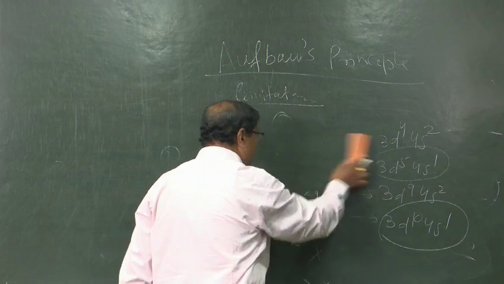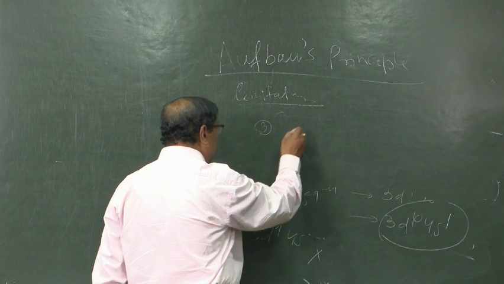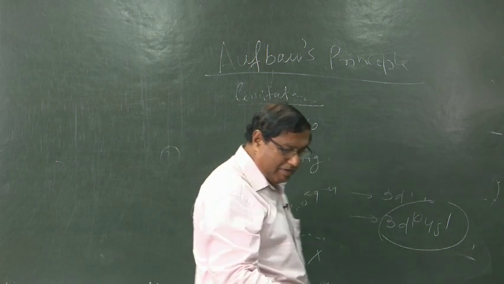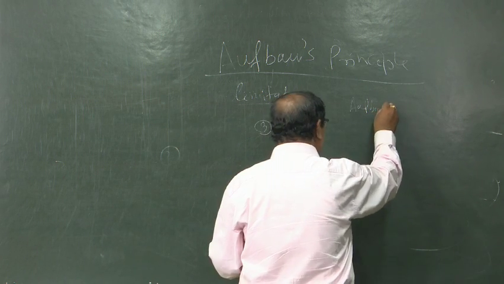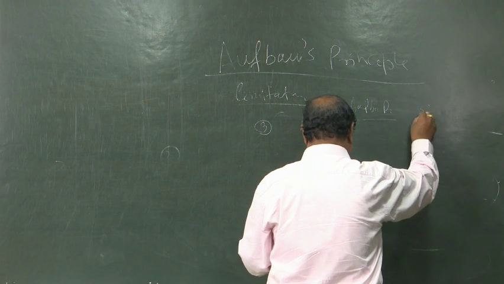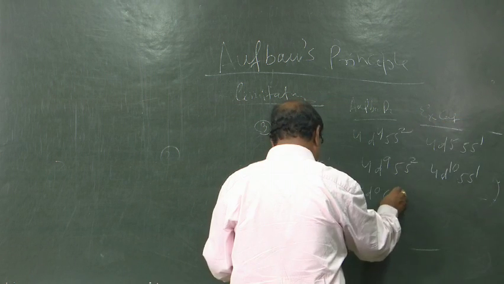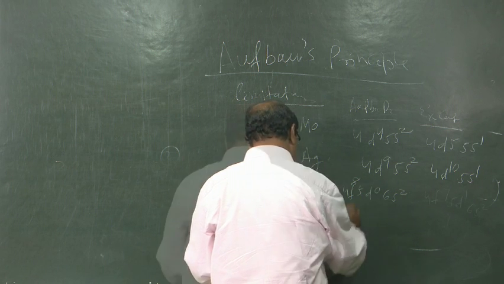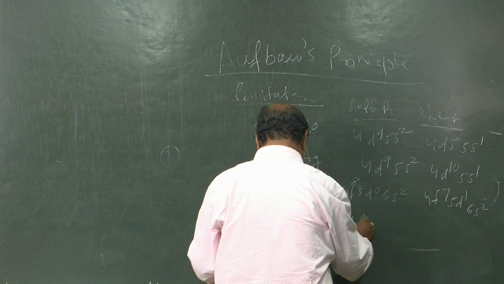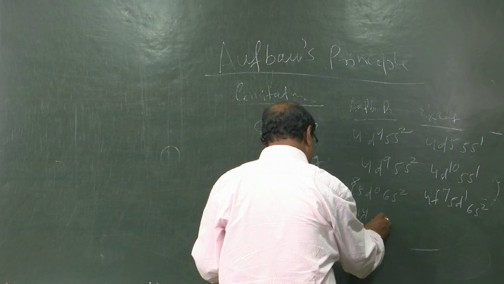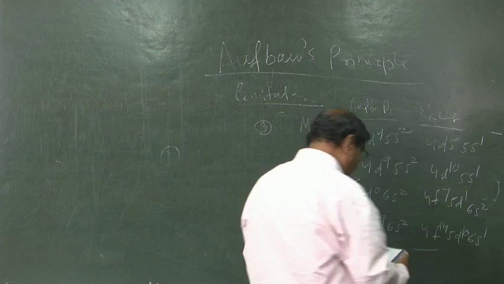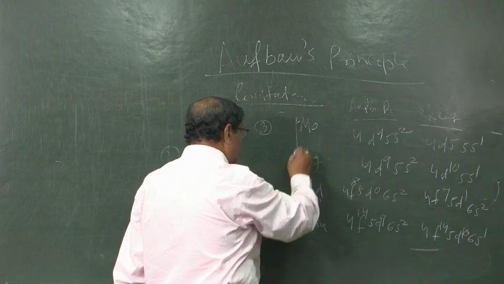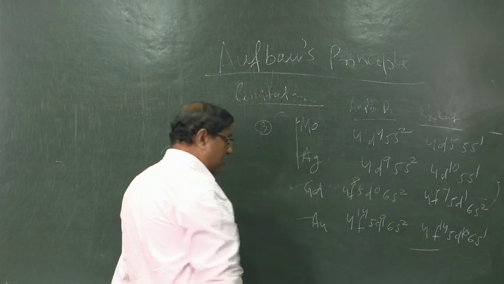The third exception is molybdenum as well as silver. Now look at the exceptions in the case of molybdenum, silver, gadolinium and gold.